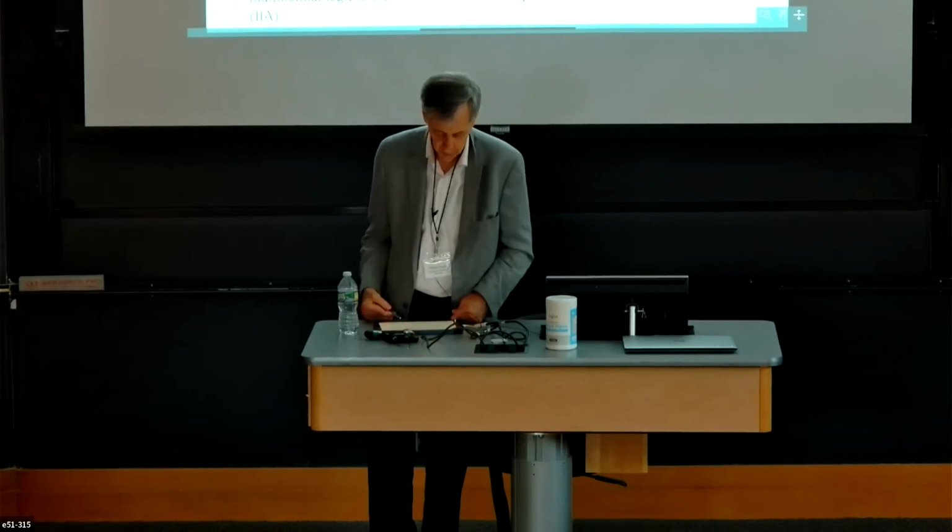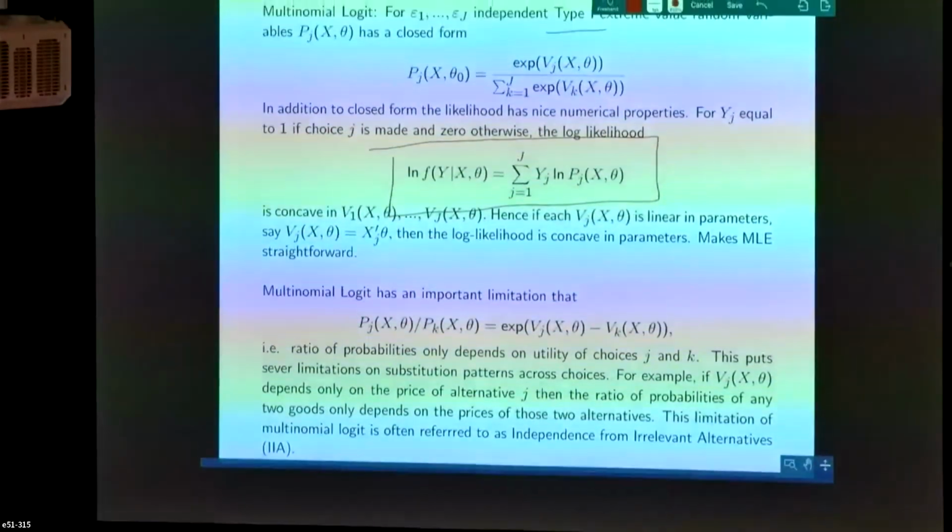The log likelihood is just the sum of the indicator function times the log of the jth probability.